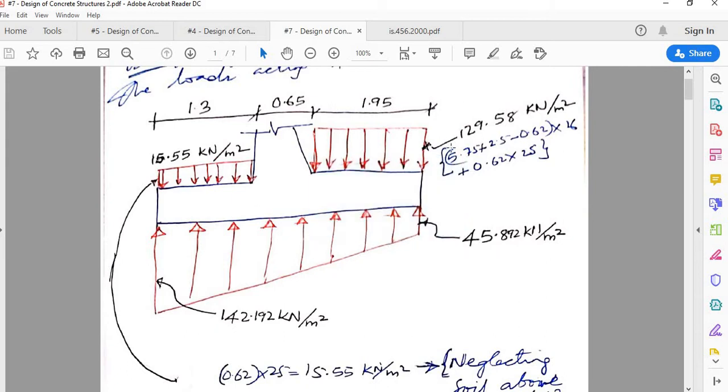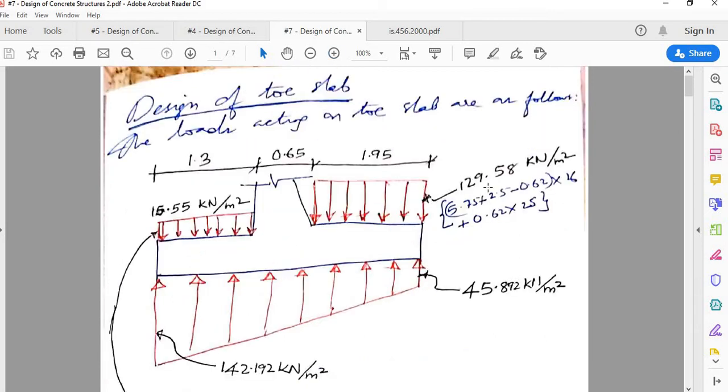You take the height due to the soil, then you have to also take the self weight of the heel portion plus surcharge effect, that we take as the equivalent height. So all of those things constitute the pressure at the heel portion. So you have an upward pressure due to soil and you have a downward pressure due to weight. So some of those will cancel out.